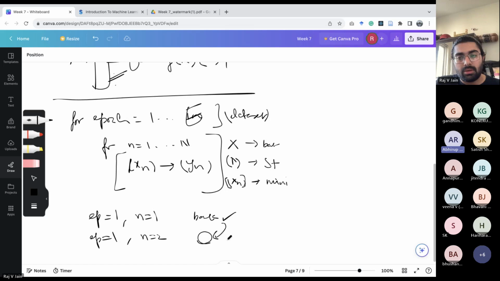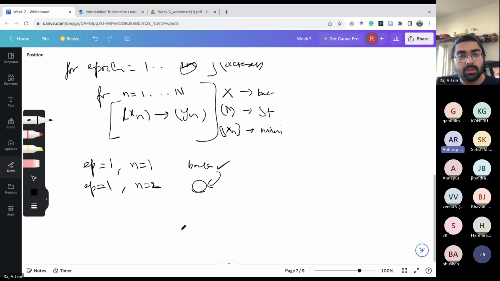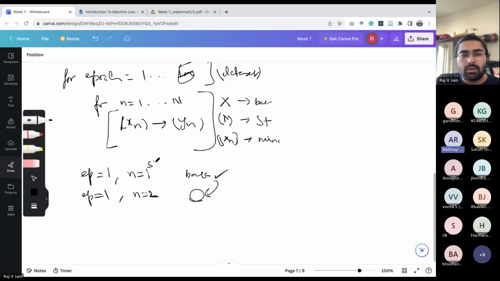Here small n is the samples, right? Small n is sample. So why are you telling n equal to 2 out here? I am thinking after each sample is updated, all the weights are changed, right?